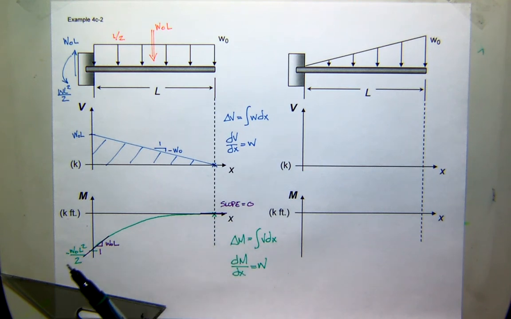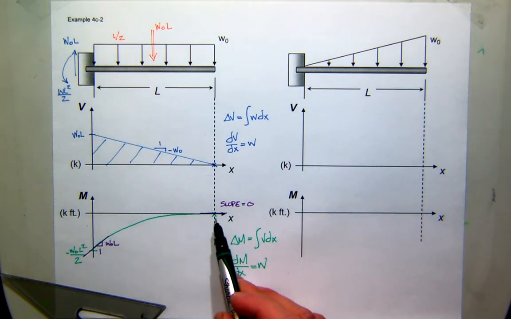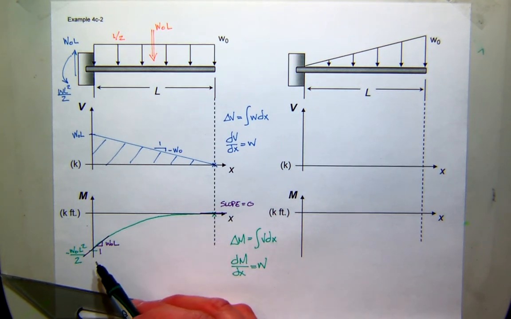So cantilever beams are the ones that aren't nearly as intuitive. Now, when we get to simply supported structures, that will work out a lot better. So if you were to draw this curve, you would see that it does have a maximum value here, because 0 is larger than a negative number on the number line.